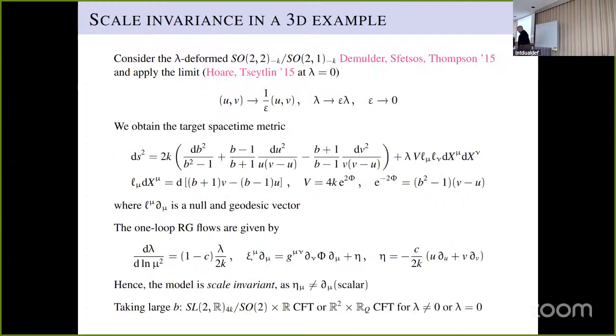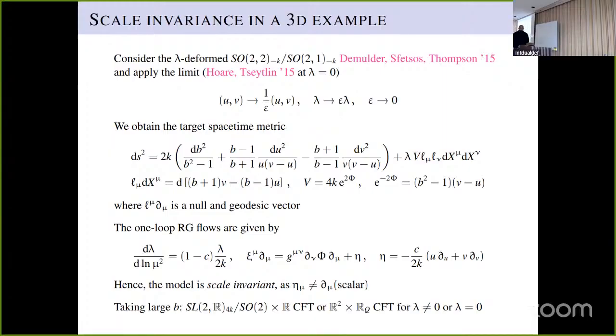There are extensions of this, because one can say, okay, this is a very simple example. This is just a two-dimensional target spacetime. So even for higher-dimensional cases, just as an illustration of a three-dimensional case, one can do some kind of analogous zoom-in limit, extending a limit found by Ben and Arkady for lambda equals 0 for this model, and taking this kind of correlated limit.